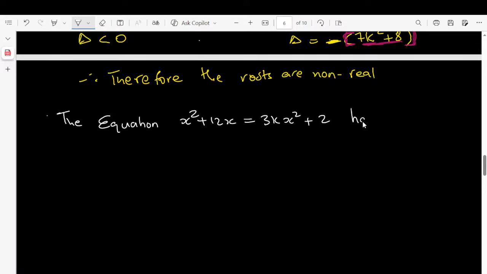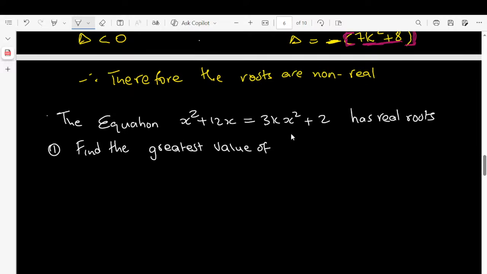Let's say they tell you that this has real roots. Okay, question number 1. Find the greatest value of k such that k is an element of integer.